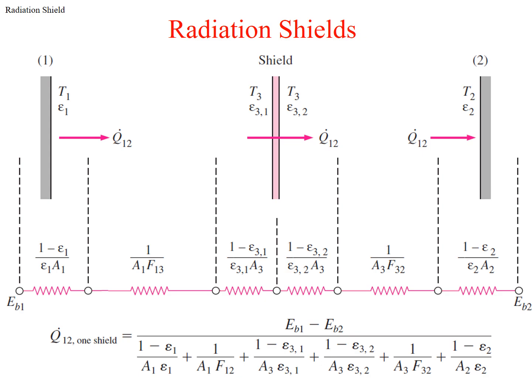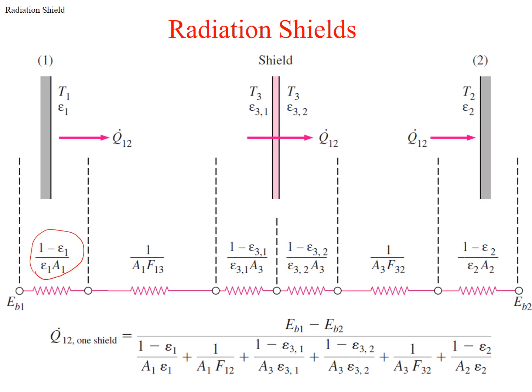It depends really on what the type of shield is. So on the left-hand side, when you are coming up with the resistances, you would say that I have EB1, or the potential for blackbody emission, the same as before. Then you have your resistance for surface 1, which is (1 minus emissivity 1) divided by emissivity 1 times A1. So this is always there as long as you have surface 1.